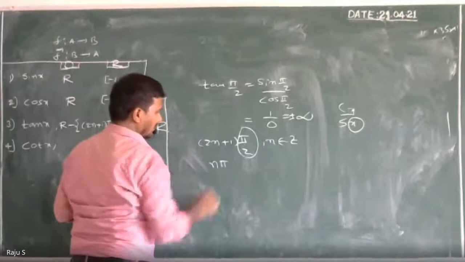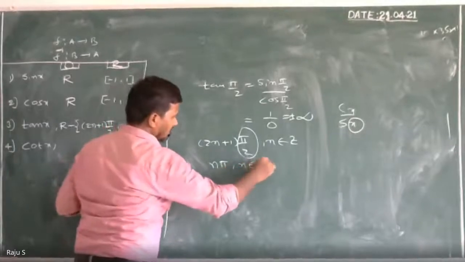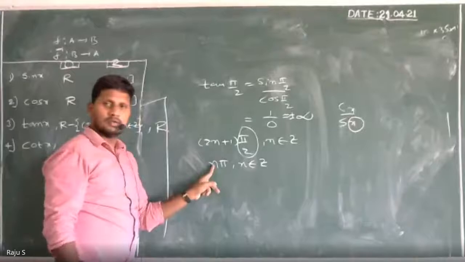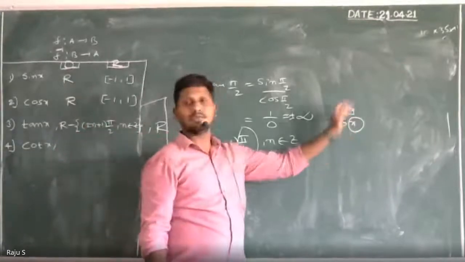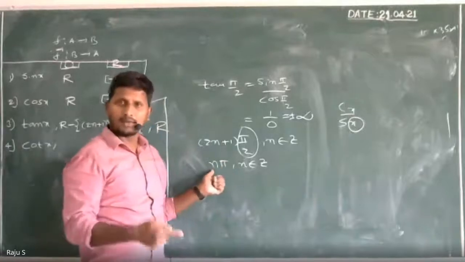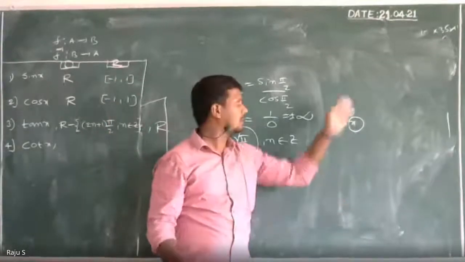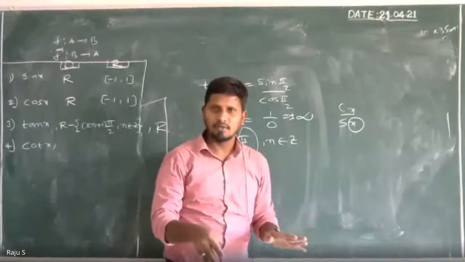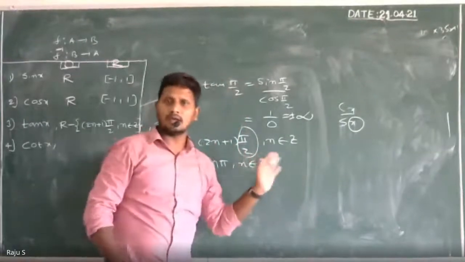So shall I write n pi, n belongs to Z? Substitute n equal to 0: sine 0 is 0, something by 0 is undefined. n equal to 1, pi, 180: sine 180 is 0, something by 0 is undefined. So we have to remove that.